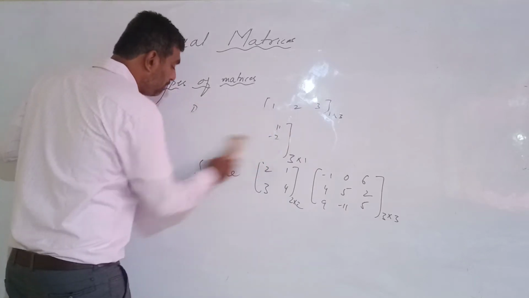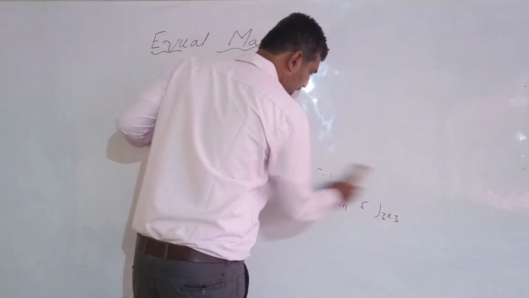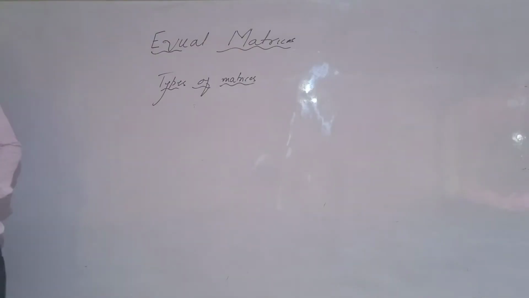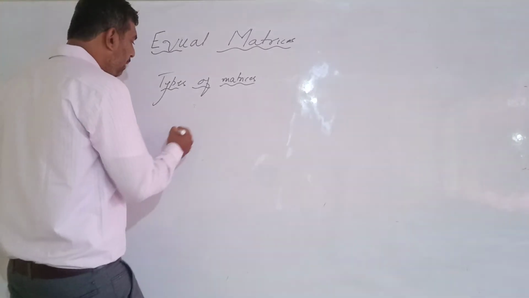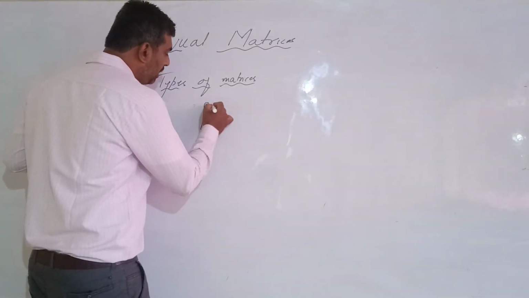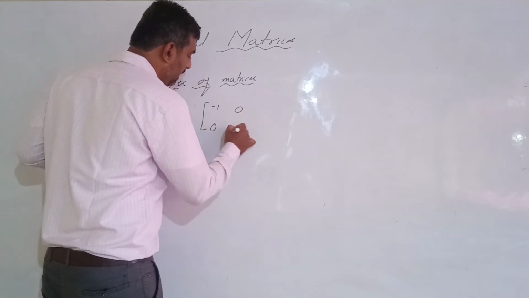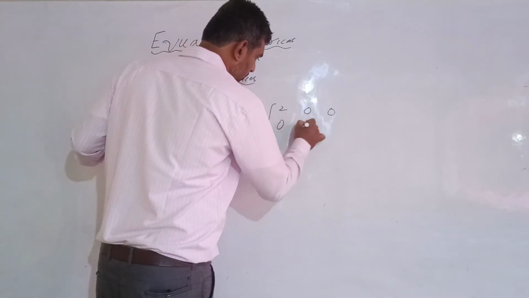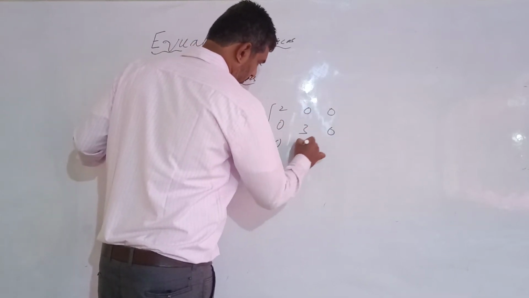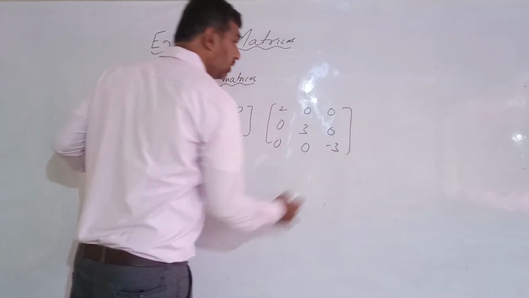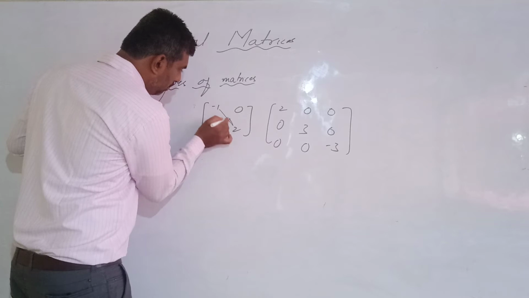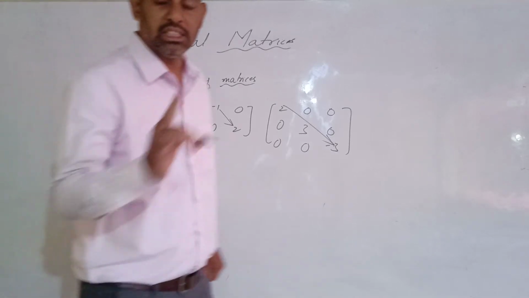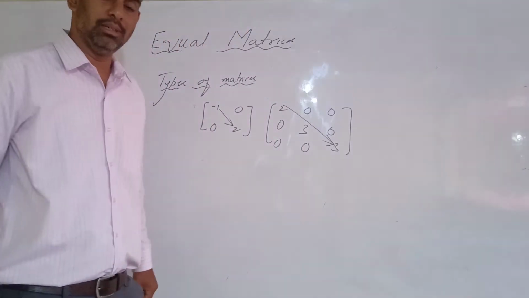We have seen diagonal matrix. What is a diagonal matrix? A square matrix in which all the elements are zeros except the principal diagonal elements. From left top to right bottom, these elements are called diagonal elements or principal diagonal elements.